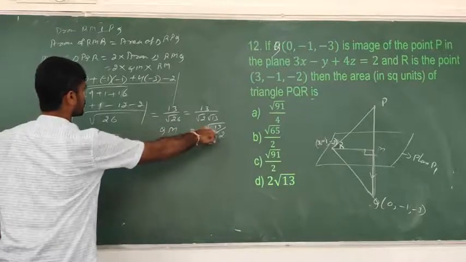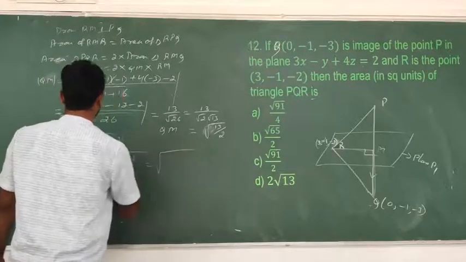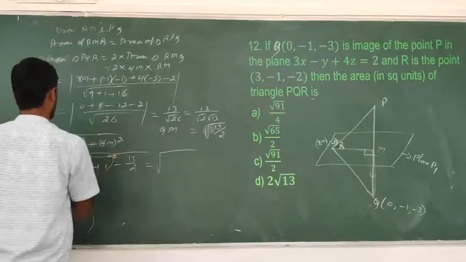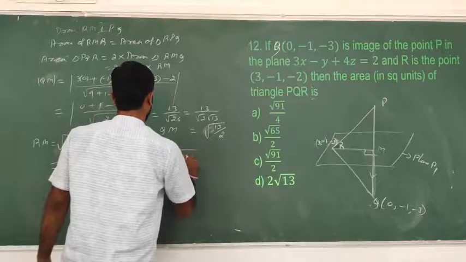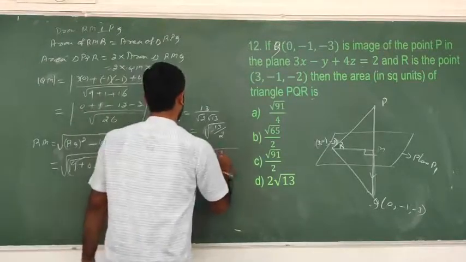QM is square root of 13 by 2, whole square, that is just 13 by 2. So this is equal to square root of, the square cancels, 10 minus 13 by 2, so that is equal to square root of 20 minus 13, that is 7 by 2.